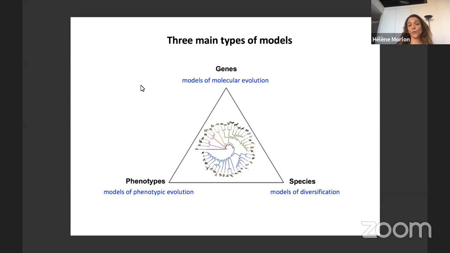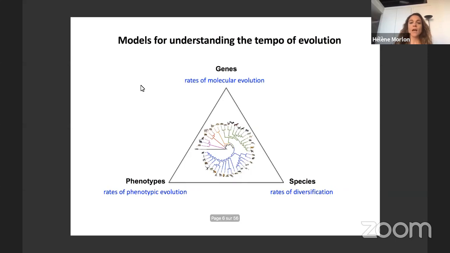And for these 3 types of questions, we develop models that aim to model how DNA sequences evolve, so models of molecular evolution, how traits evolve on phylogenies, models of phenotypic evolution, and how diversification proceeds. So in this case, it's models of diversification. And I'm going to detail later a little bit more how these different models are constructed.